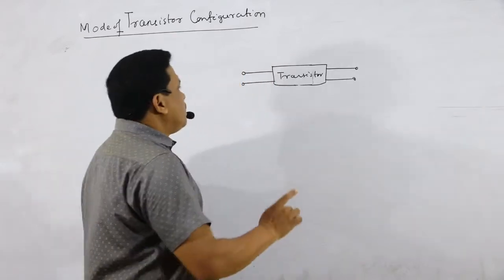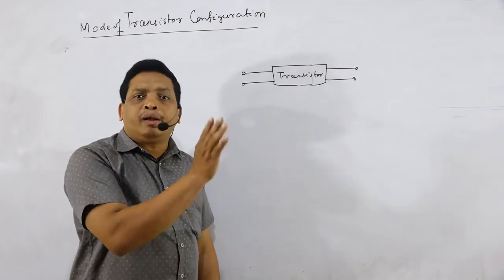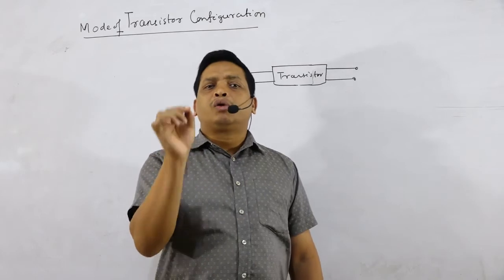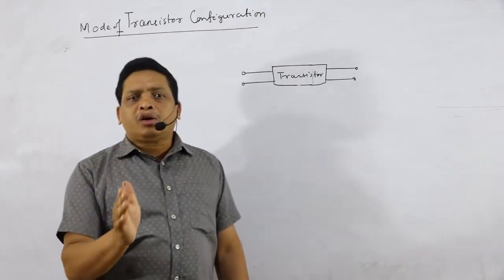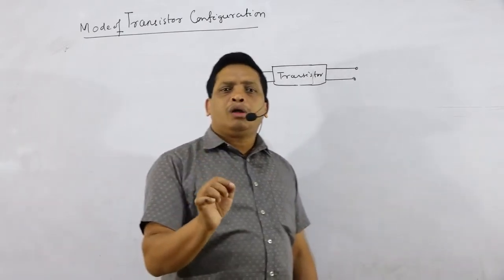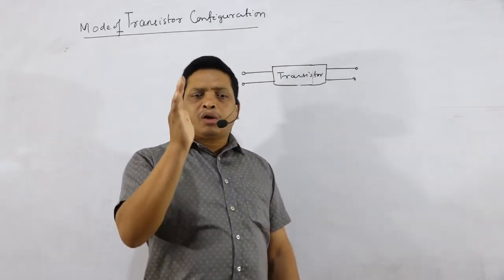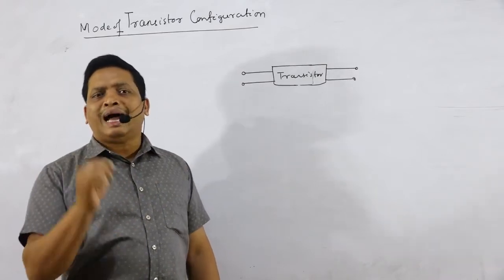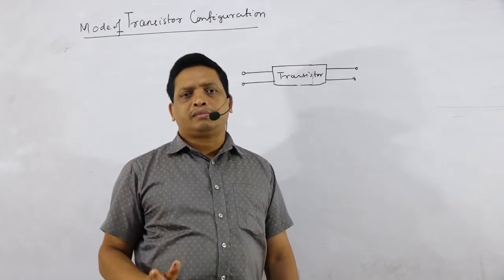Now if we make the base terminal common to input and output, then that type of configuration is known as common base configuration. If the emitter terminal is common to both input and output, then that is called common emitter configuration. And if the collector terminal is common to both input and output, that is called common collector configuration.